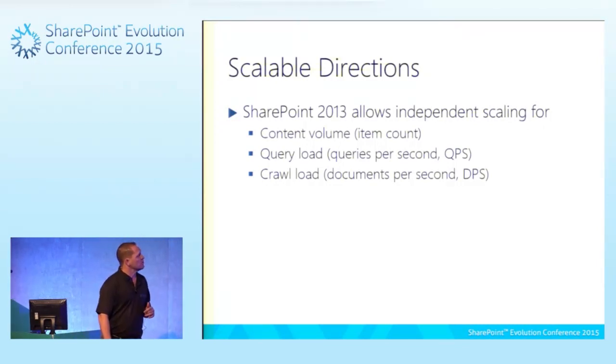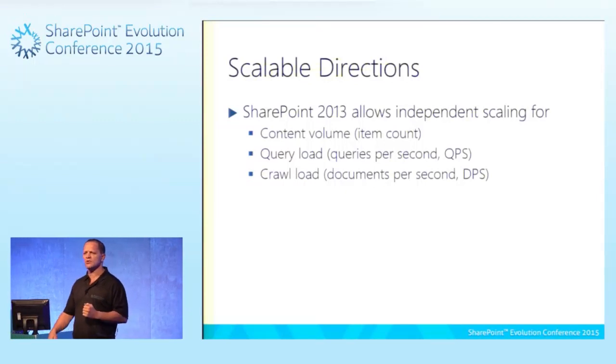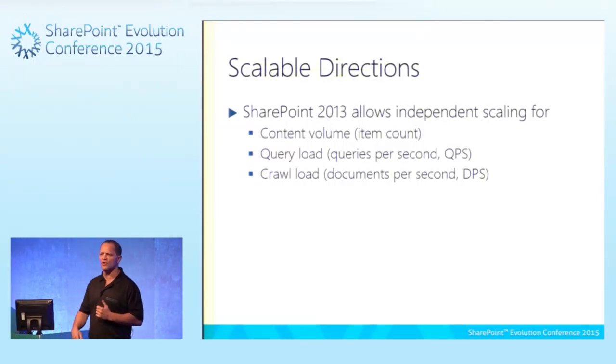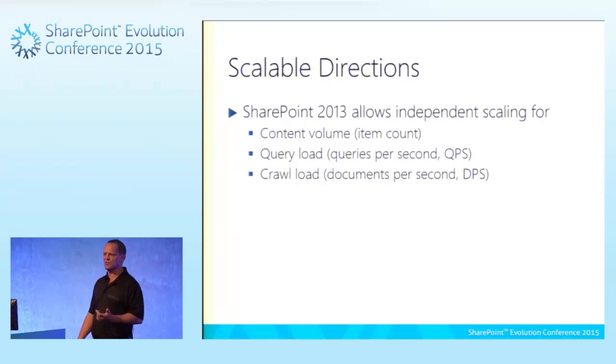It also looks at the crawl load, and people say, how long is my crawl going to take to go through? Well, how much content have you got? What kind of documents have you got? In the past, if you were using 2010 and you were using the Adobe PDF IFilter, good luck with getting it to run fast, because it's a single threaded IFilter.